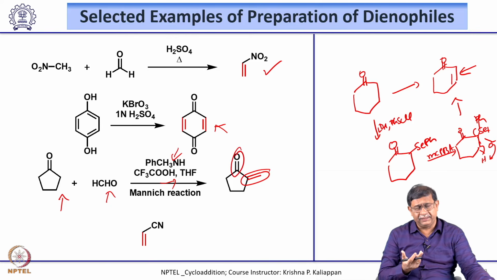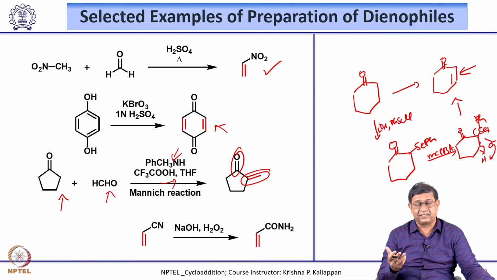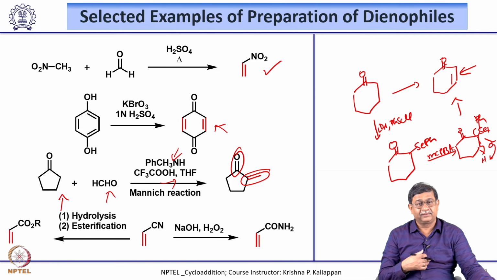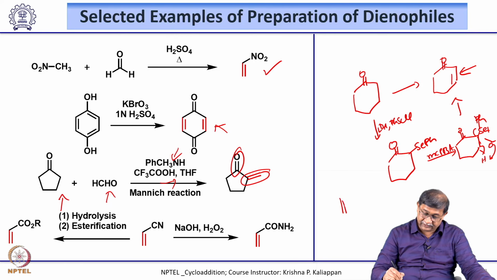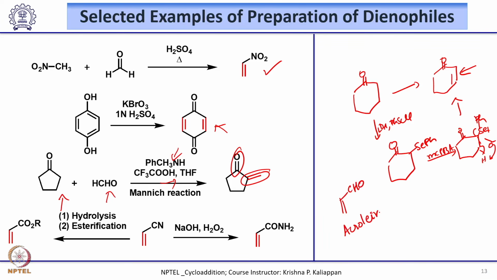And there are many commercially available dienophiles. For example, acrylonitrile, well known, and polyacrylonitrile, this is a starting material. You can do a partial hydrolysis to get corresponding acrylamide, or you can hydrolyze to carboxylic acid and esterify, you can get the alpha beta unsaturated ester. And if you have this compound, this is called acrolein, and this is also commercially available.